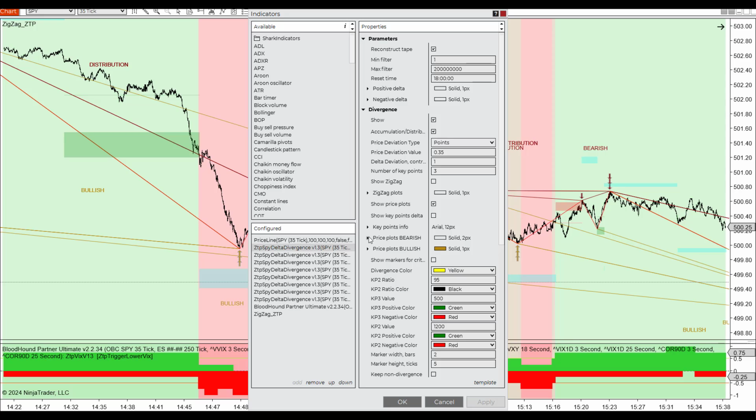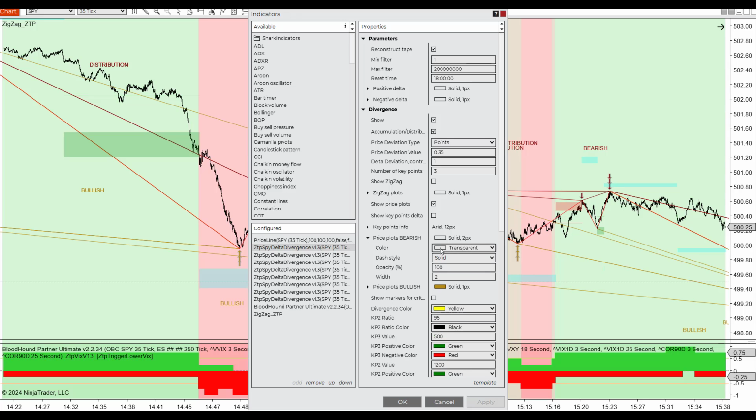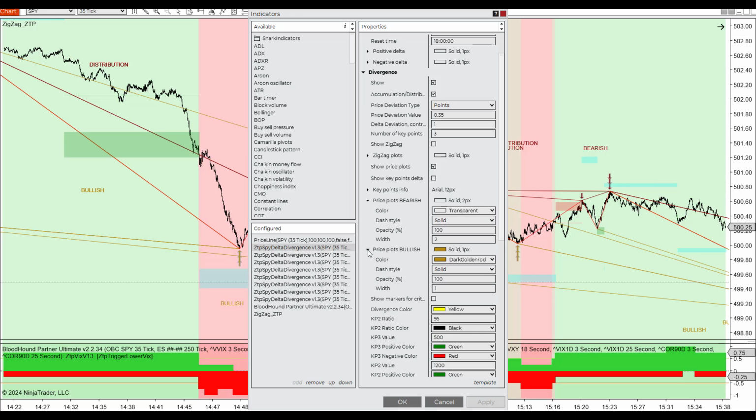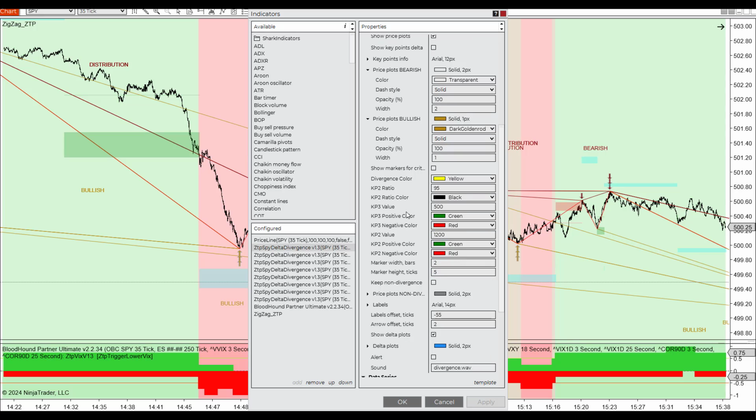And he made the changes by making the bearish price plots transparent and the bullish price plots the dark goldenrod color, and gave them a width of 1. So that's what he went and changed to eliminate the bearish plots here.